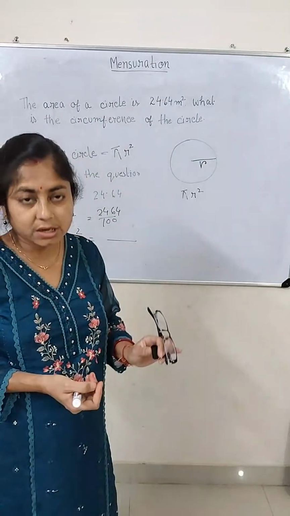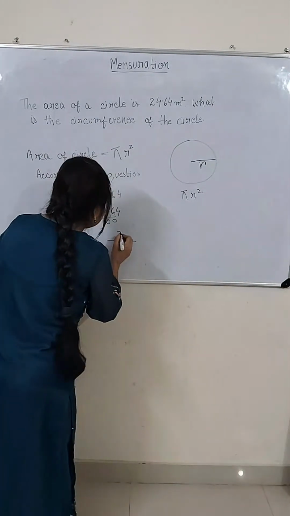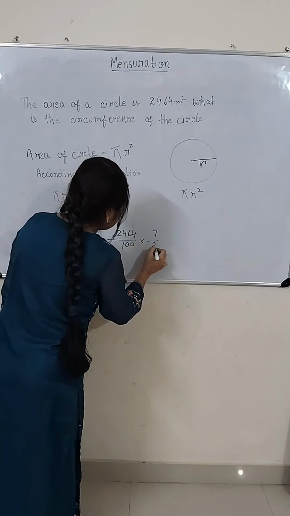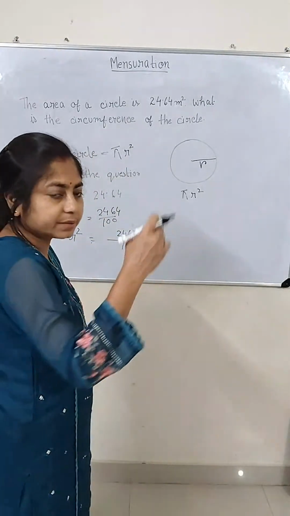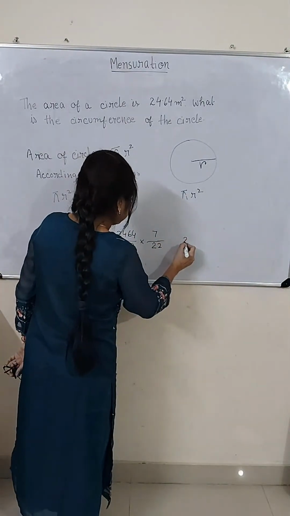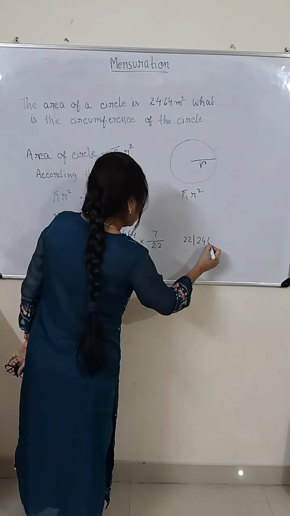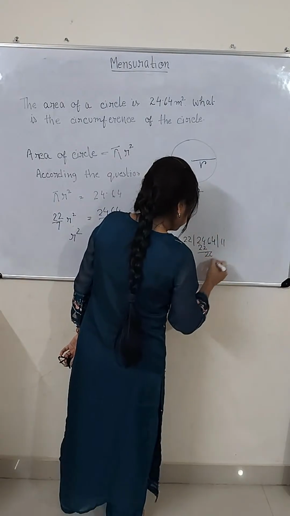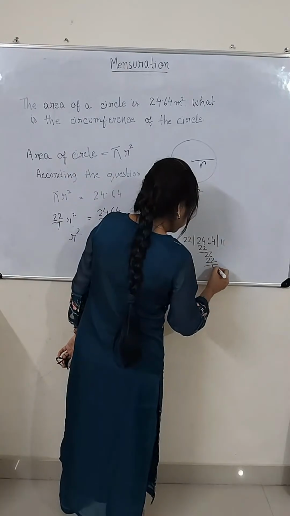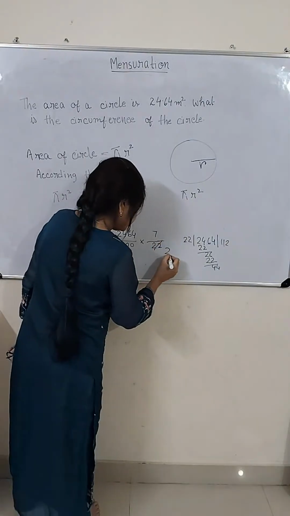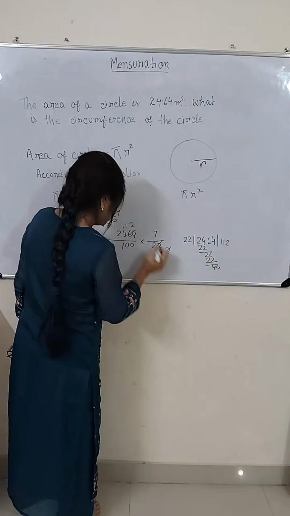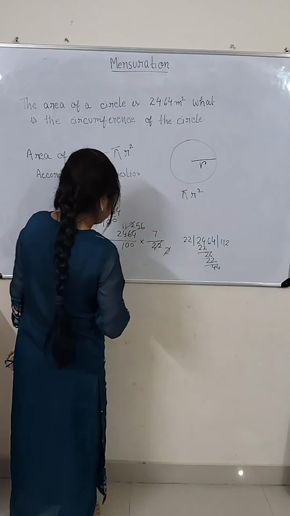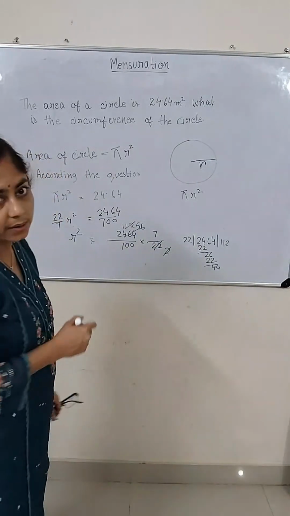It means 22 is division and 7 is multiplication. Now make it simplify, into 7 by 100.